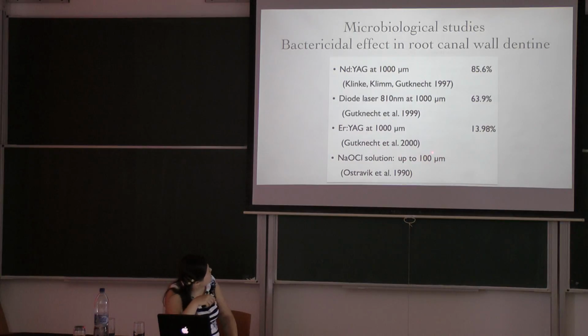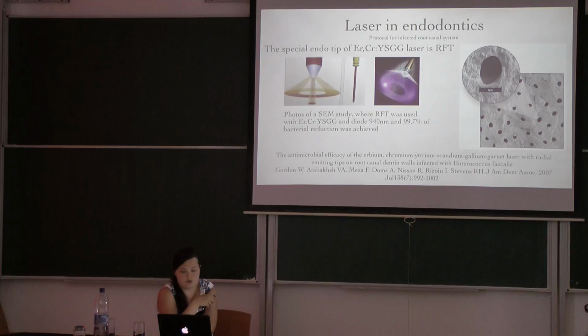So that's why first we use an erbium family laser, erbium YAG or erbium chromium, and then after we use an Nd:YAG or a diode laser to disinfect the lateral canals totally. And for this reason, they have developed interesting tips for the laser, so it can penetrate more to the side inside of the canals, and you can see the very nicely opened dentinal tubules.